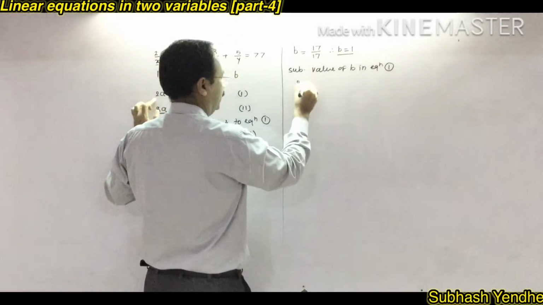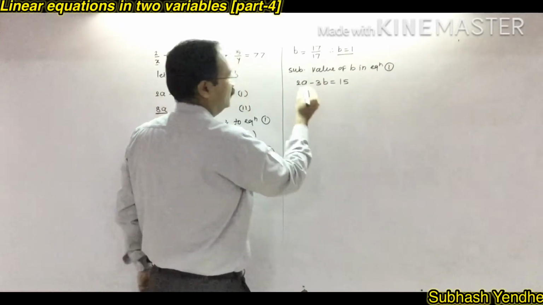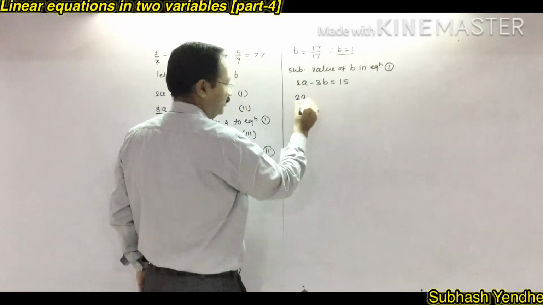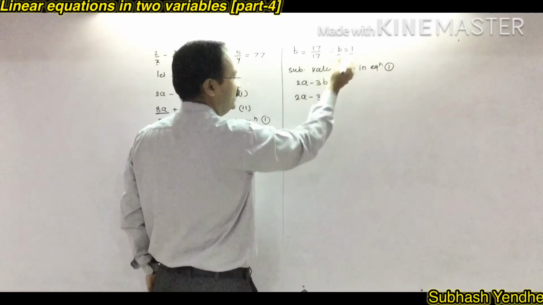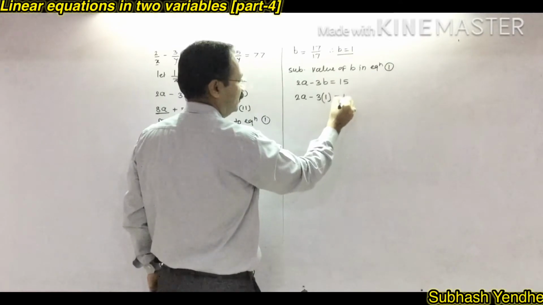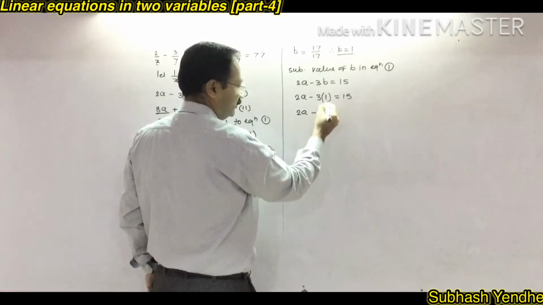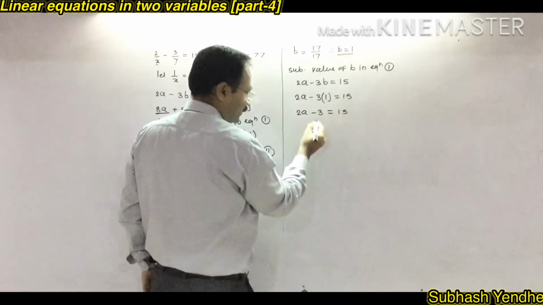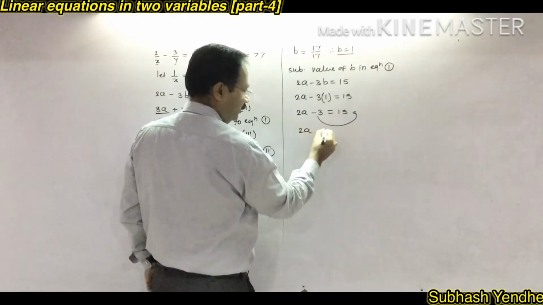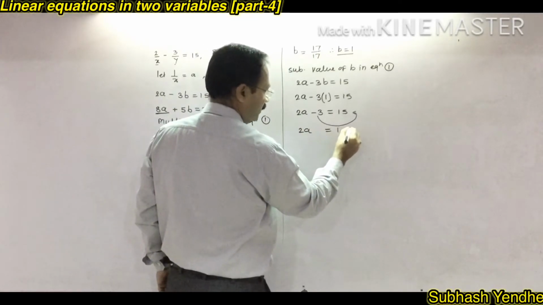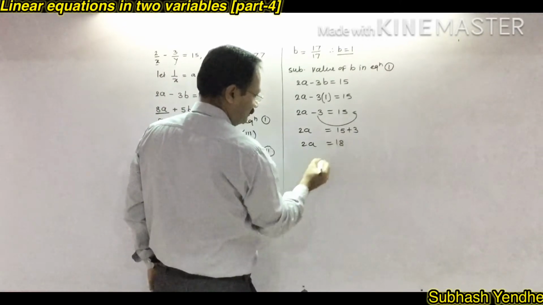So 2a minus 3b equals 15. 2a will be as it is, minus 3, and in brackets you write the value of b, which is 1, equals 15. So 2a minus 3 times 1, which is 3, equals 15. Now 3 will go to that side. So 2a equals 15 plus 3, so 2a equals 18.